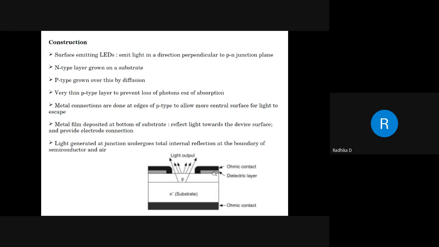There is a substance called a dielectric here. Do you know about dielectrics? Have you heard of dielectrics? Capacitors, dielectrics? Yes. So there is a dielectric, and there are obviously connections for taking out the current.